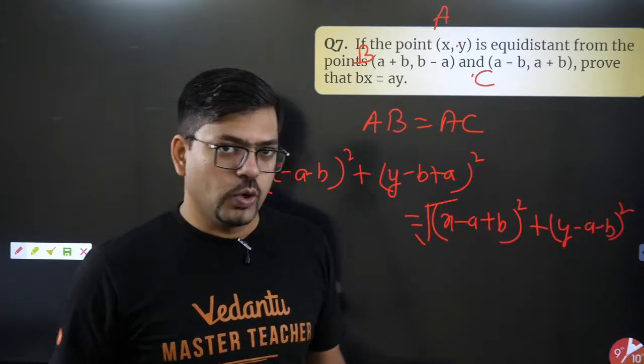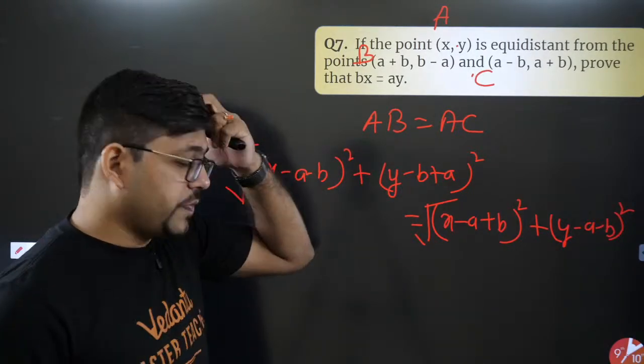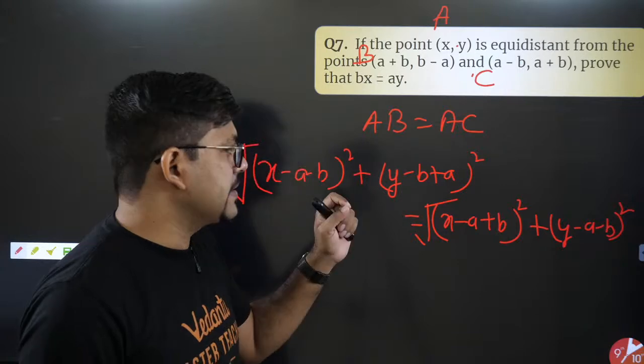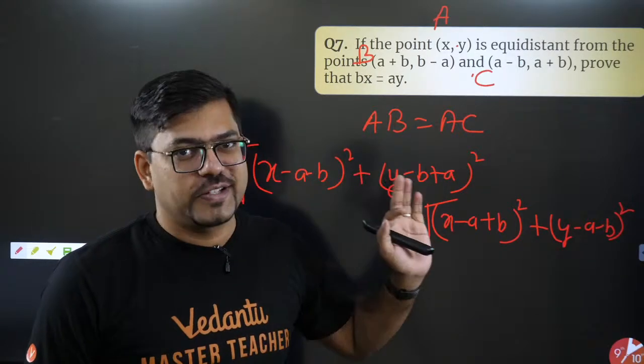So the root will go away, no problem, because we can square it. The thing is that we'll actually have to solve this, and it's quite a long one.